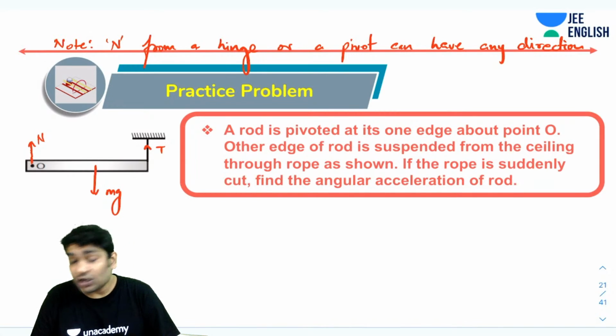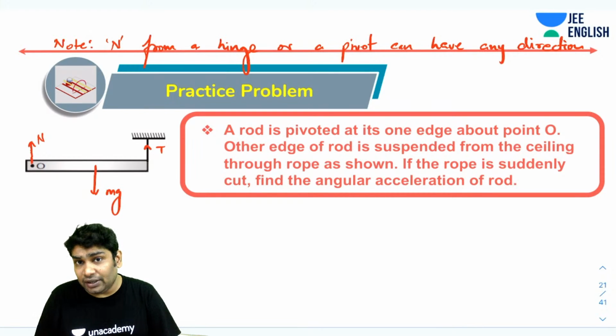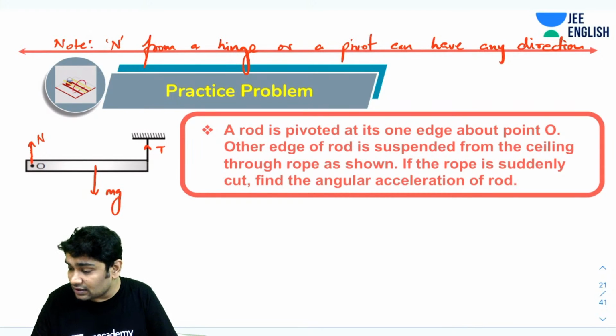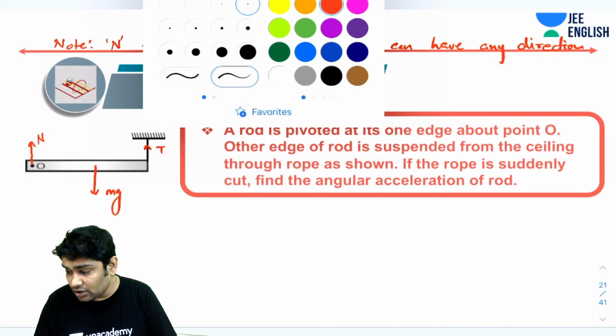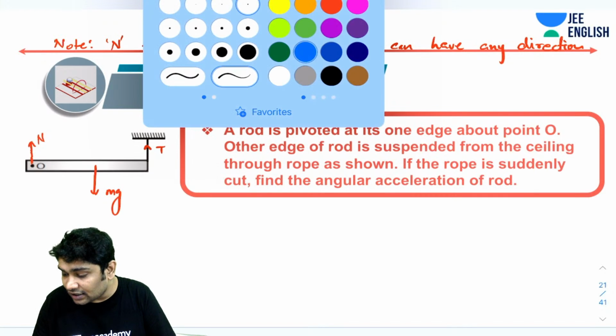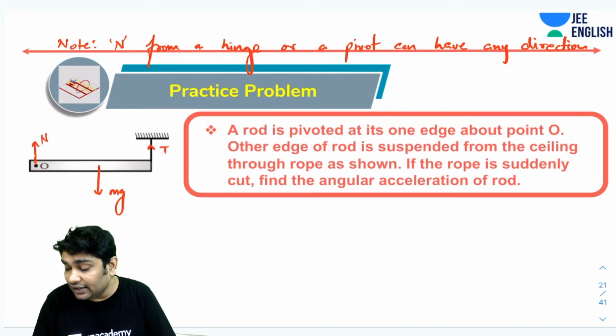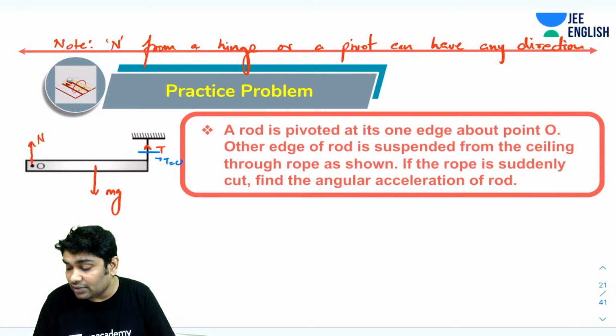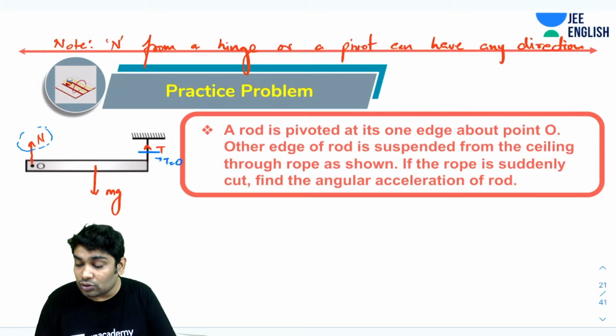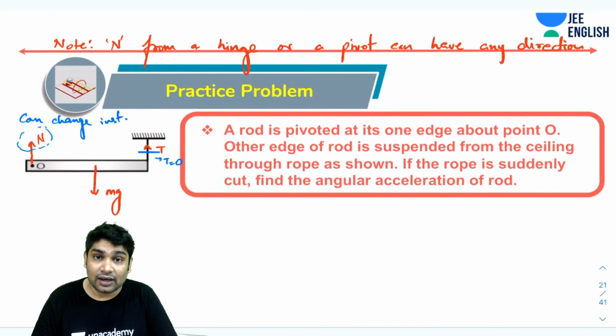Now, what do you think will happen if I cut this suddenly? If this string is cut suddenly, you realize that the tension will disappear, tension immediately becomes zero. How about the N? N I also know can change instantly, right?